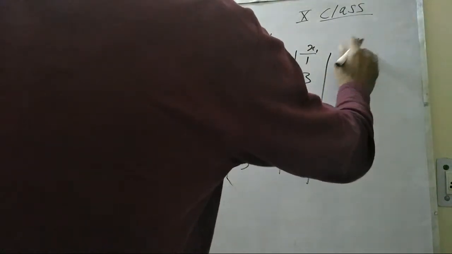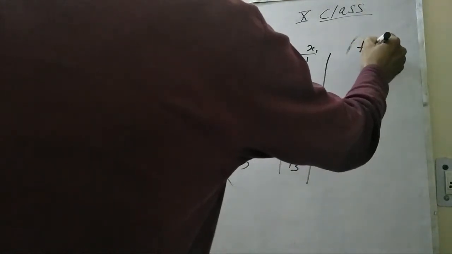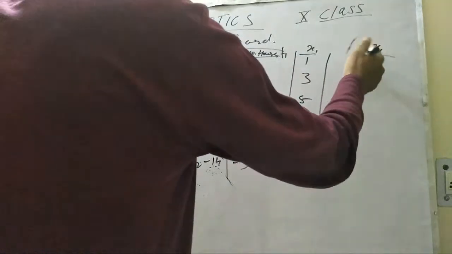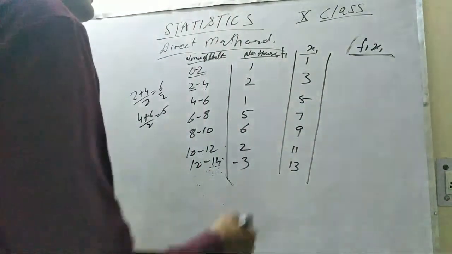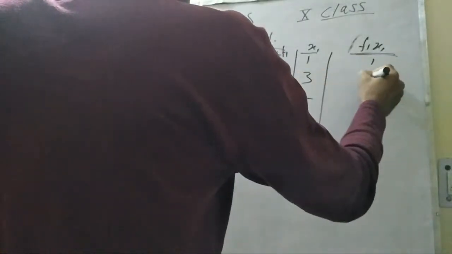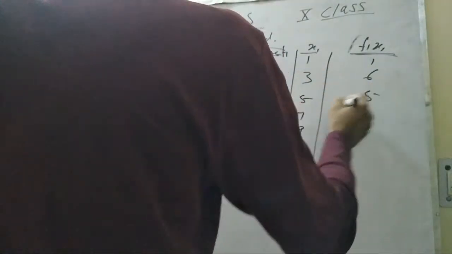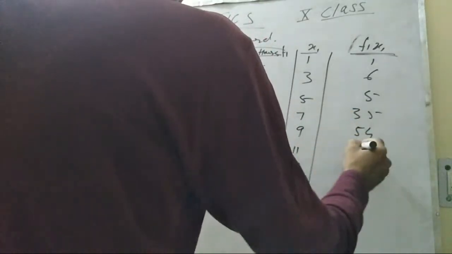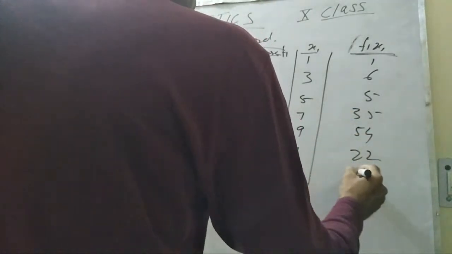Sigma f1 and x1, we can write x1 and f1, same thing, don't worry. इसमें ये हमारे पास फ्रीक्वेंसी है, this is equal to 1, this is equal to 6, this is equal to 5, 35, 54, 22, 39.